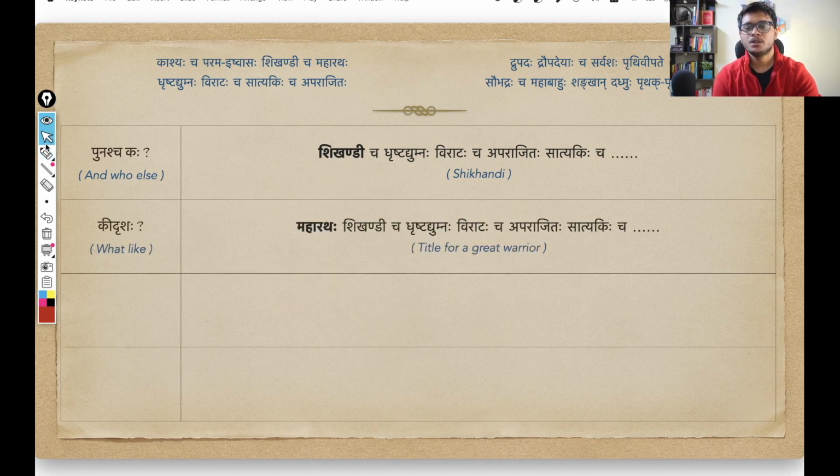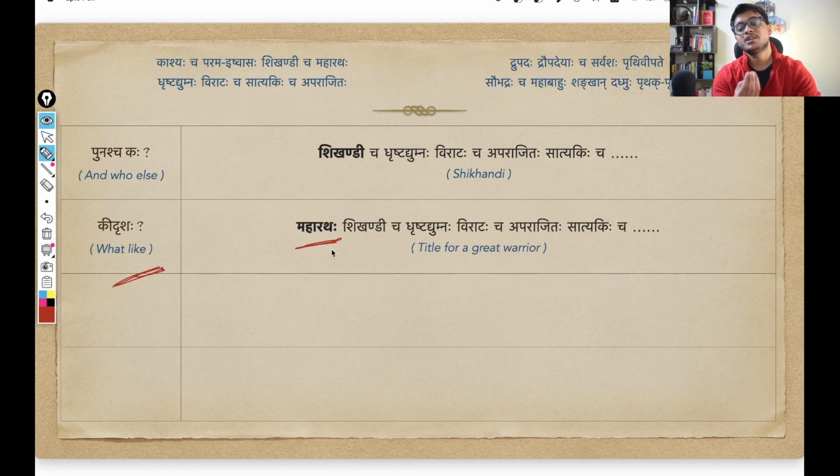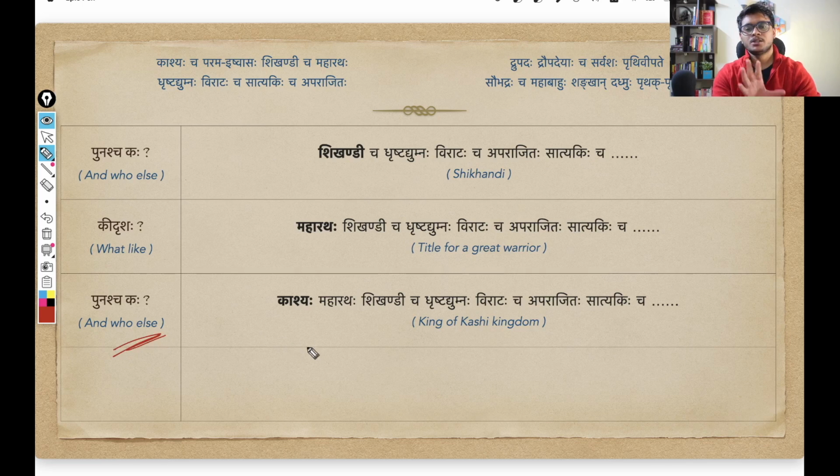Moving forward, again, Kidrishaha, what like? He is described with the title Maharatha. Maharatha was one of the titles given to mighty, brave warriors. So a very great warrior is the sense here, Shikhandi. So the last character we have is Kashya. Kashya simply refers to the king of the Kashi kingdom.